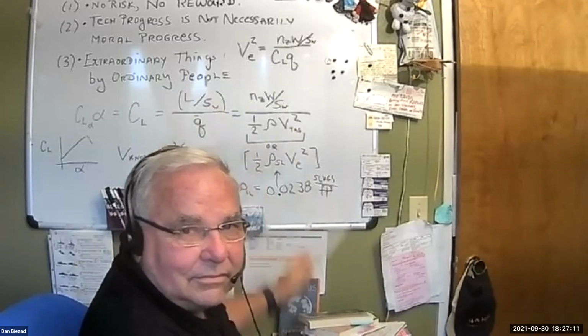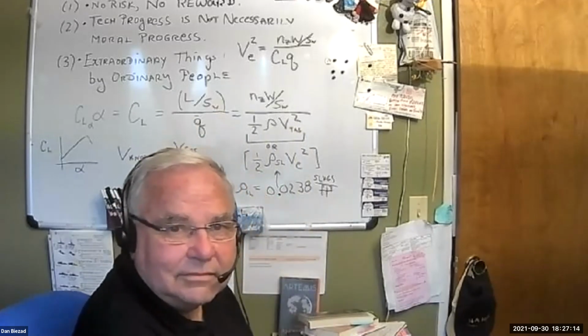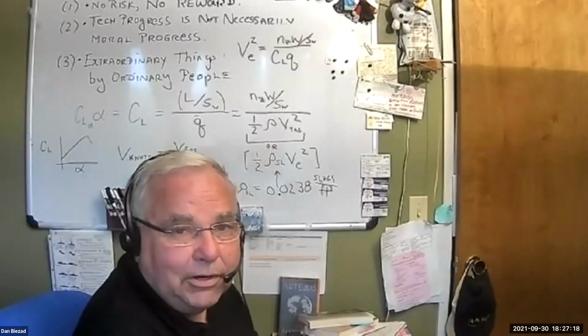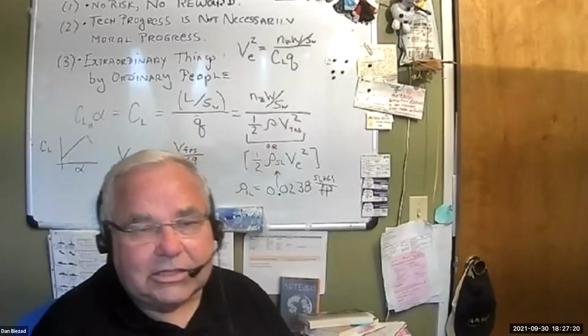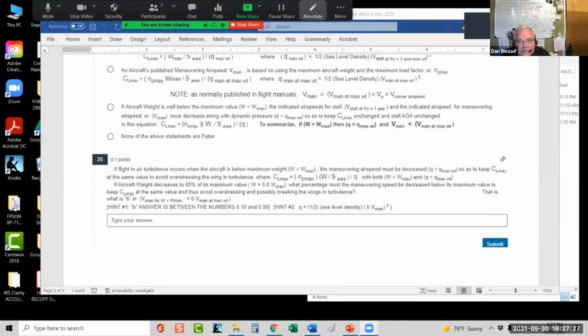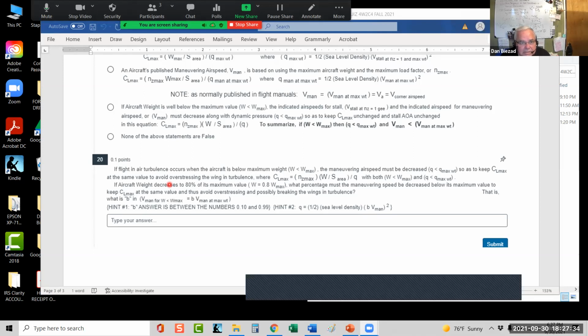Well, I could put it in the density too. I could put it in one or the other, but the question is talking about velocity. If you look at the question, it says the aircraft weight is decreased 80%. What percentage must maneuvering speed be decreased to keep CL max at the same value?